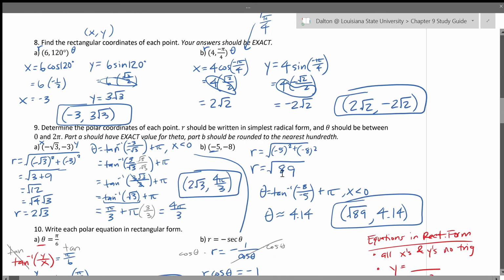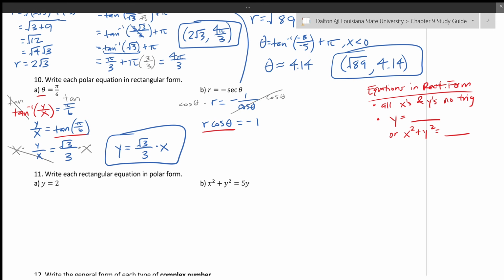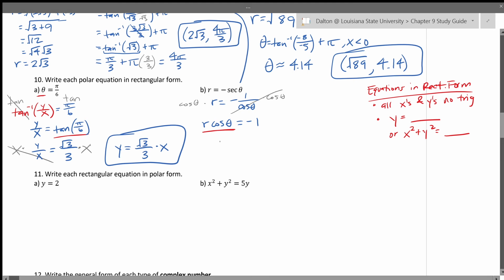So I can substitute x for r cosine theta, and I end up with x equals -1. This is one of the scenarios where you're not going to have y equals or x squared plus y squared equals because you don't have a y value whatsoever, and that's okay.